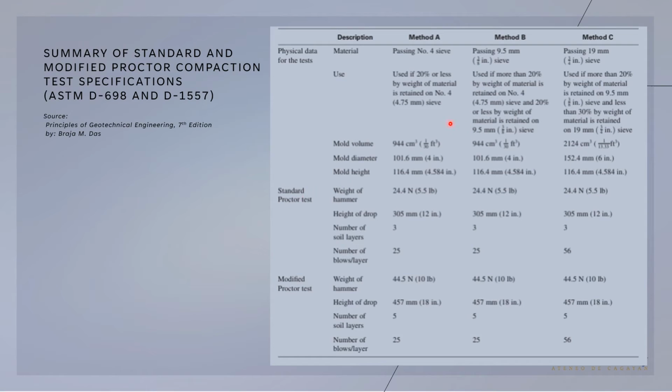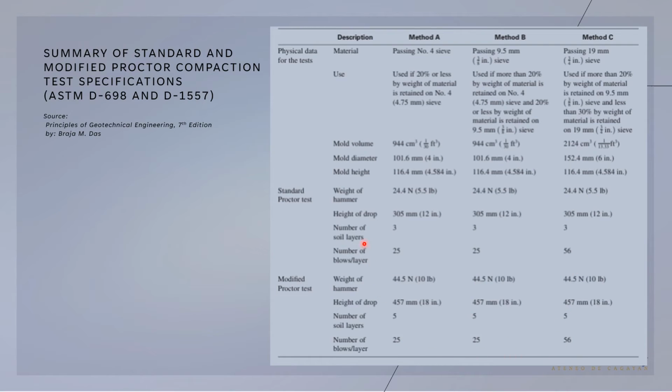The procedure we use depends on the situation or the type of soil. It may be standard Proctor test, method A, method B, method C, whichever is applicable. Or it could also be modified Proctor test, for method A, method B, and method C.